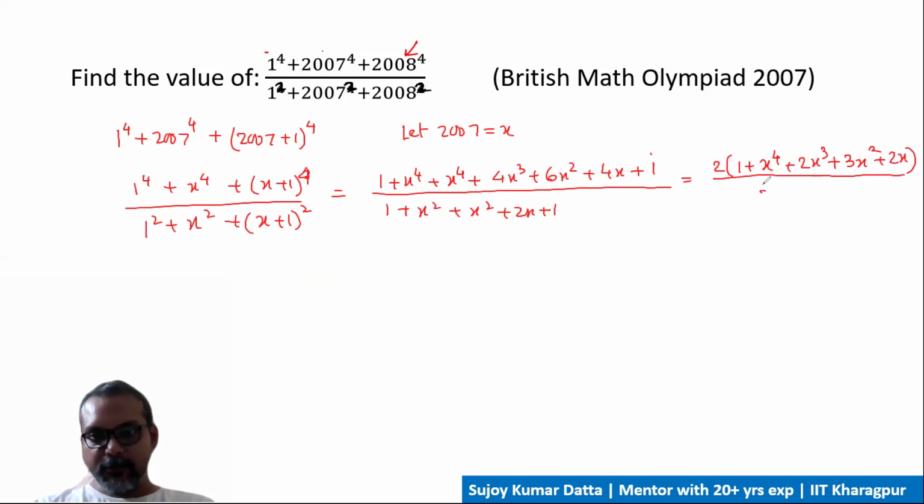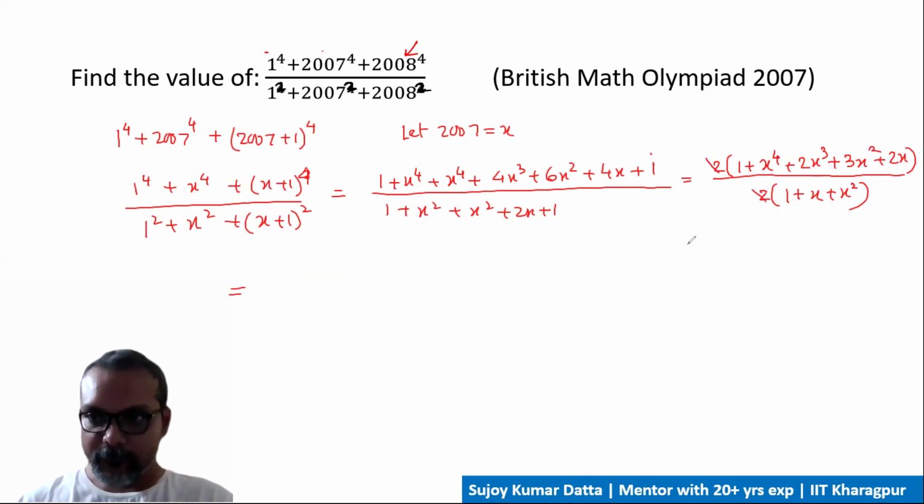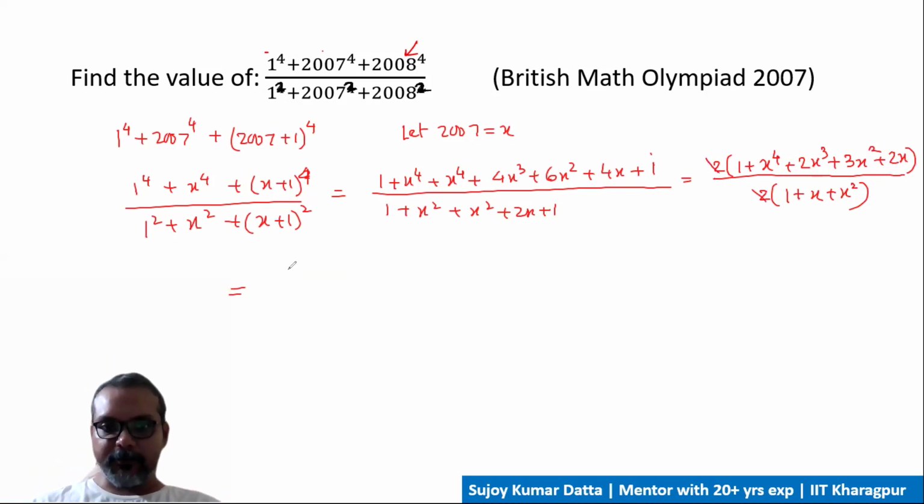This one also has 2 common, 1 plus x squared. So rearrange the terms on top. So it's 1 plus 2x plus 3x squared plus 2x cubed plus x to the power 4.